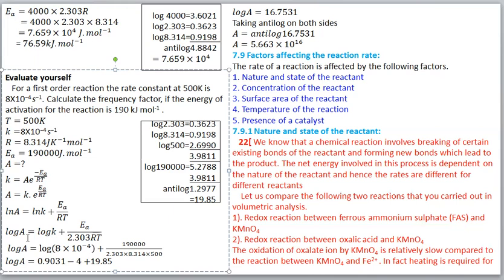Then substitute the values. One more arrangement here: natural log is converted into common log, so we have to multiply by 2.303. When 2.303 is moved to the right side, it comes in the denominator only.